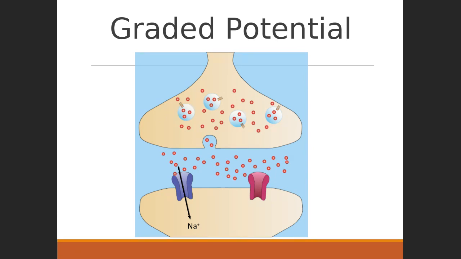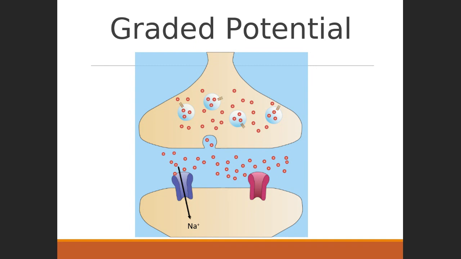They also had to come from the axon terminals of another neuron. So somewhere along the way, an impulse comes down one neuron, releases neurotransmitters onto a second neuron, opens up a chemically gated channel, allows sodium to enter, and we get a graded potential.